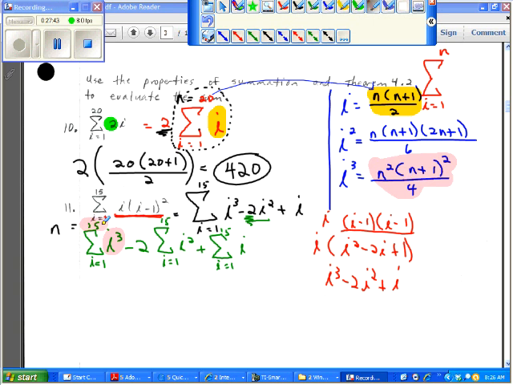The value of n is 15, my upper bound. So I'm going to have 15 squared times 15 plus 1 squared over 4. That's the first part.